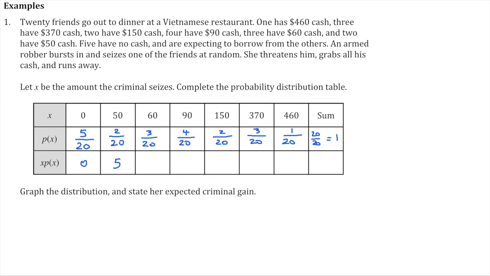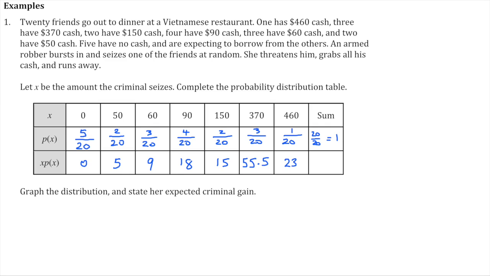The next one, 60 times 3 on 20 gives 9. 90 times 4 on 20 gives 18. 150 times 2 on 20 gives 15. 370 times 3 on 20 gives 55.5. And 460 times 1 on 20 gives 23.